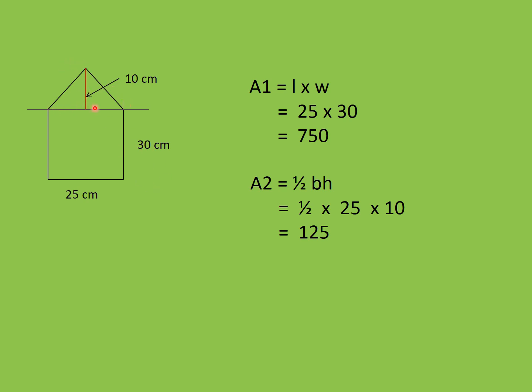So 1/2 by 25 by 10 gives us 125. Hopefully your brain is already ahead of mine. What happens next? You add the two of them together. 750 plus 125 equals 875, and again, centimeters this time, squared. Okay? Don't forget the squared. You'll lose marks if you don't.